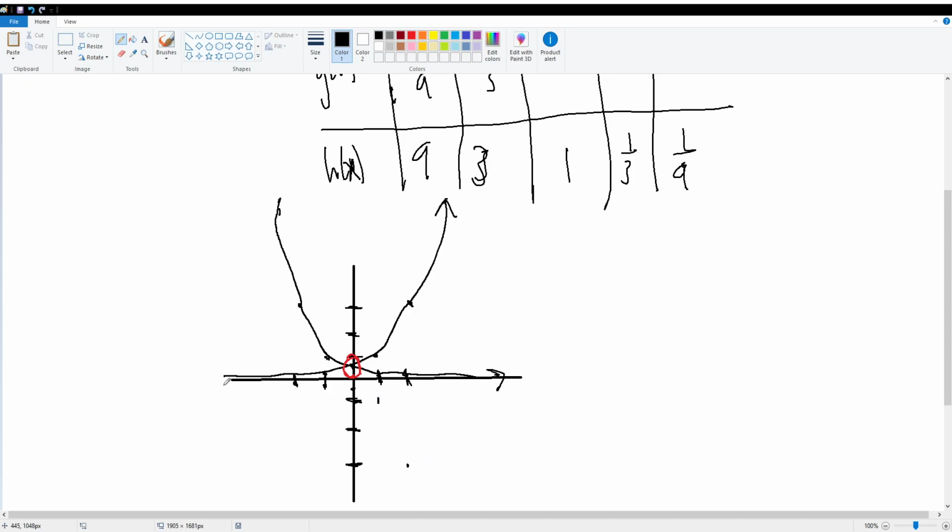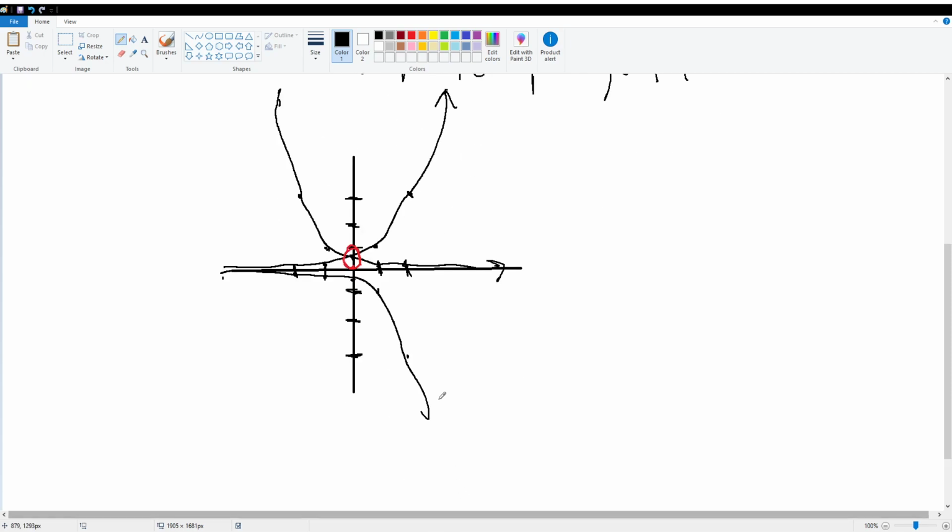So that graph comes in, and I'm going to redraw that, make it look a little better. Comes in just like that.